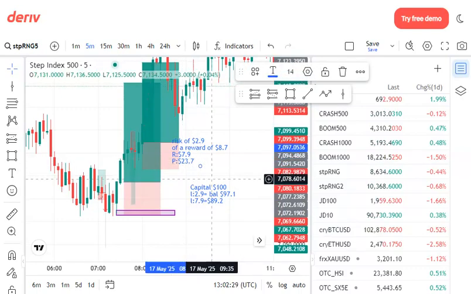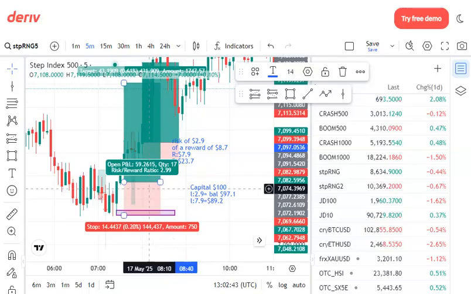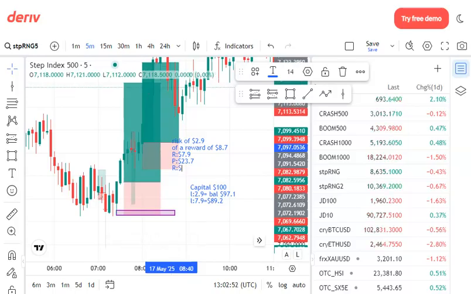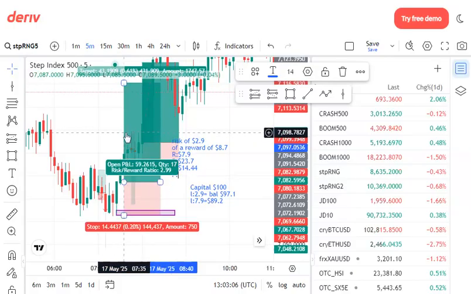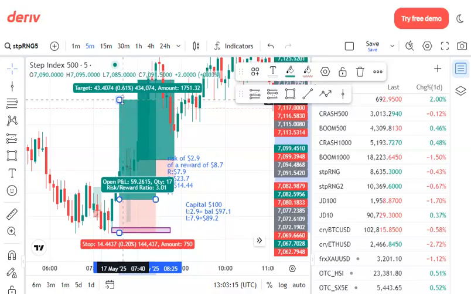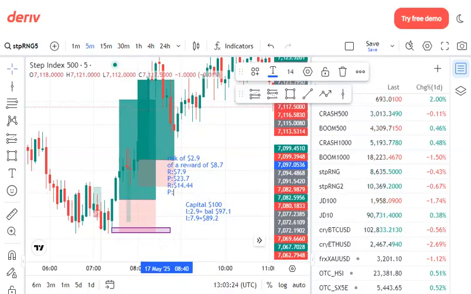So our next trade we took was a risk of 14.44 US dollars, and a take profit of $43.40.